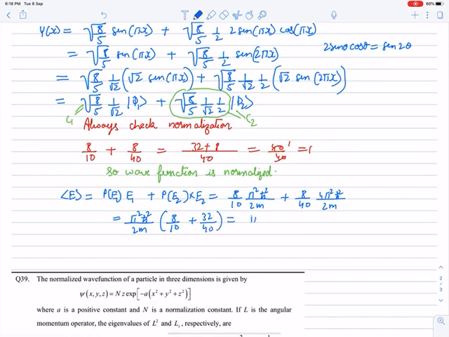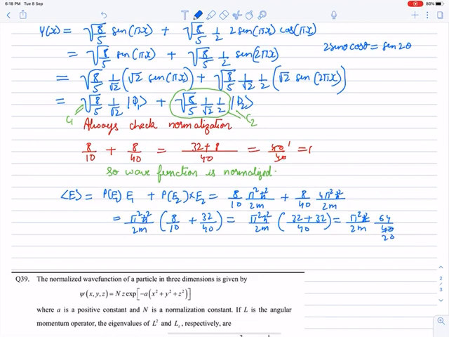So it will become pi square h cut square upon 2m times 32 plus 32 upon 40, which is 64 upon 40.